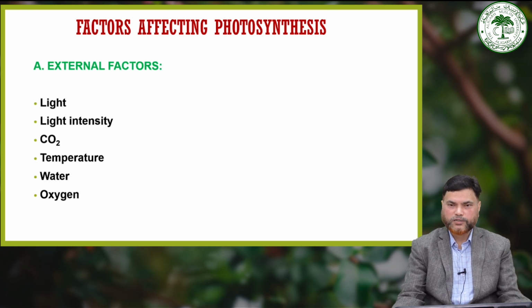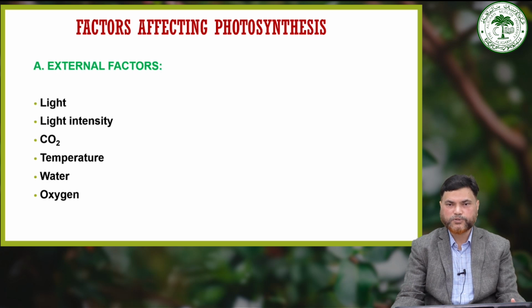So, in other words, the rate of a process is generally determined not by the total amount of resources available, but by the most limited resource. So, it is very interesting. If any factor is below its optimal level, it will limit the overall rate of process regardless of the abundance of other factors.